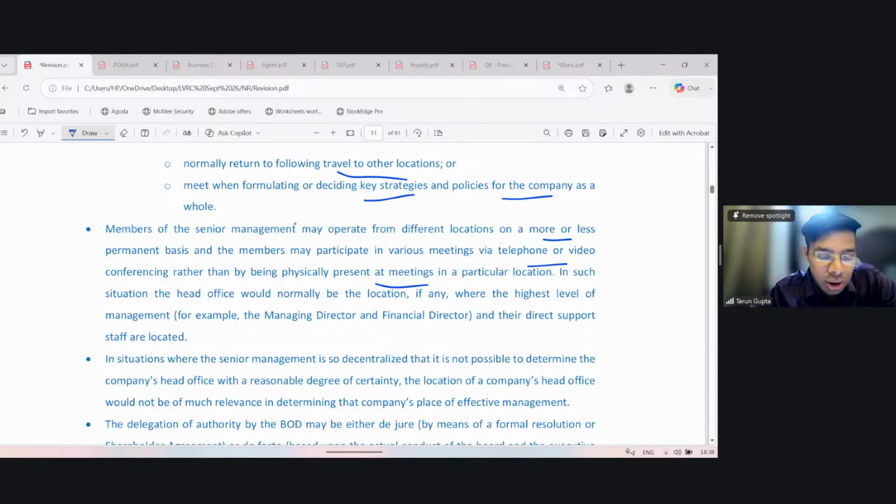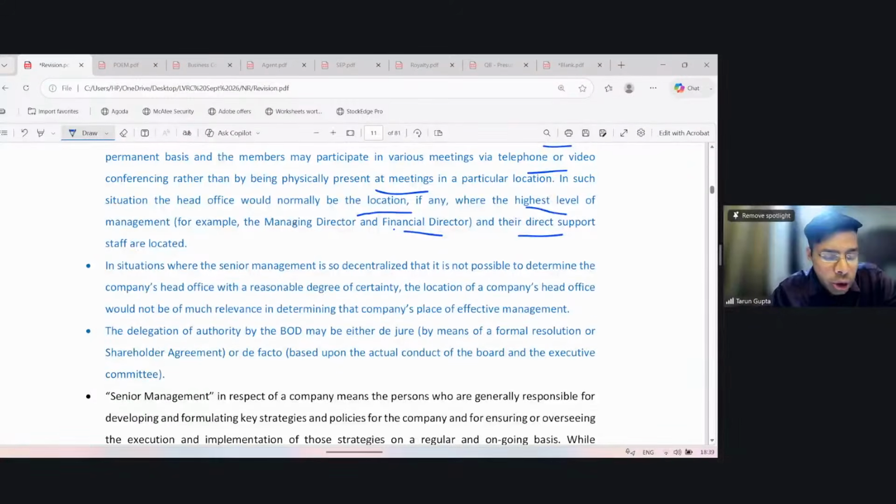Now, in such a situation, the head office would normally be the location, if any, where the highest level of management, for example, the managing director or finance director, and the direct support staff are located. In a situation where senior management is so decentralized that it is not possible to determine the company's head office with a reasonable degree of certainty, the location of the company's head office would not be of much relevance in determining the company's place of effective management. Okay?